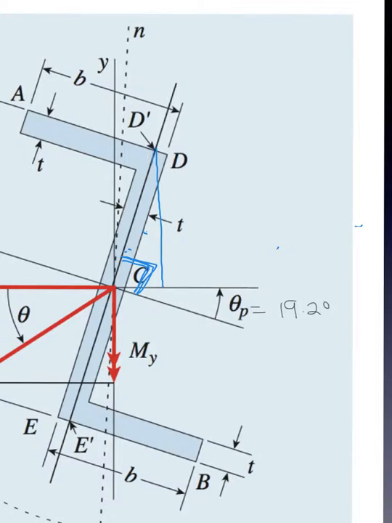We know that distance, and we want this height. This is what we're looking for. So in fact, that means we have this kind of a rectangle.